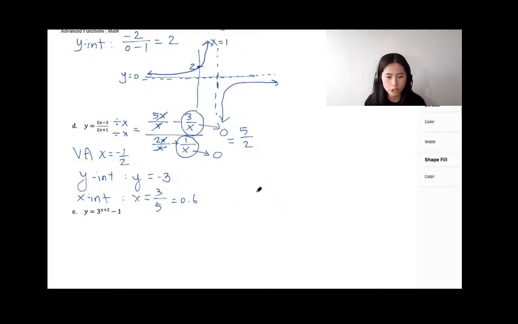Okay, let's try to graph this. So we have your horizontal asymptote, vertical asymptote, x-intercept, and y-intercept. So now we're ready to graph this. Here is our graph. Make sure this is your horizontal asymptote, which is 5 divided by 2, and that's equal to 2.5.